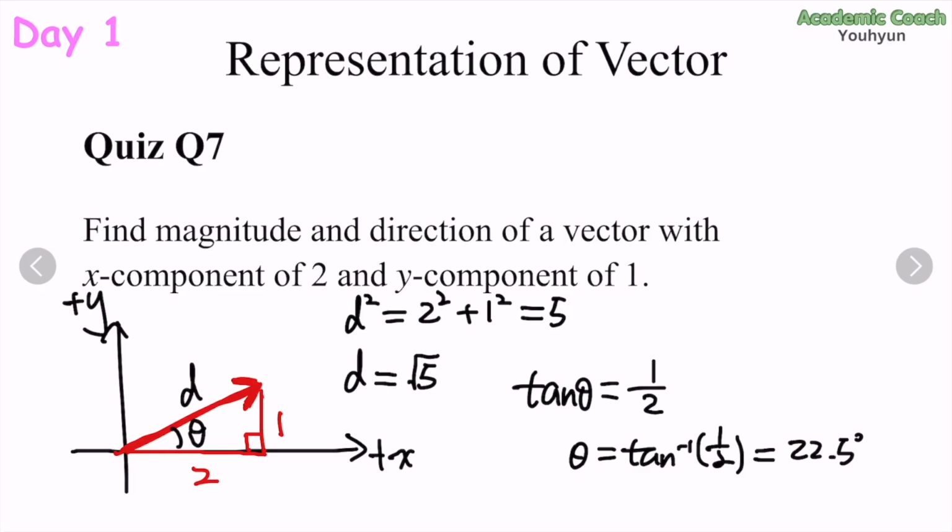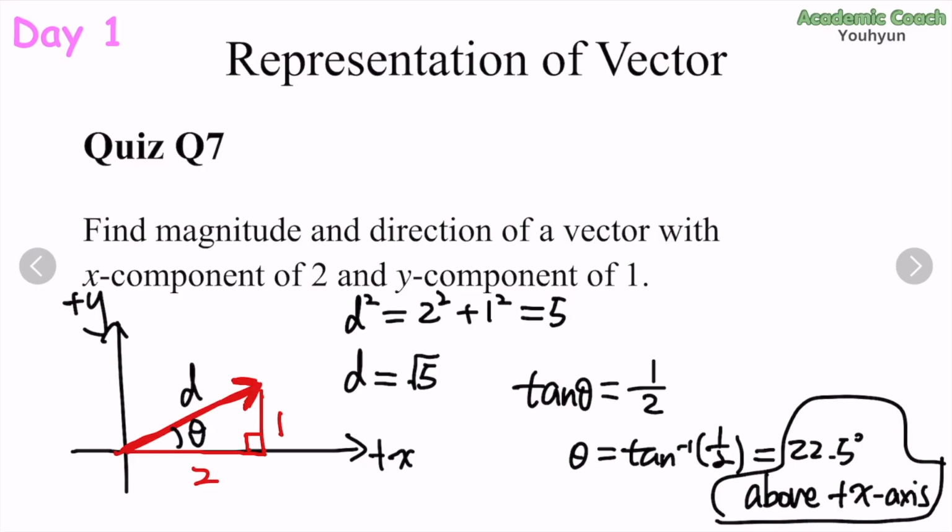But you can't just leave the answer as 22.5 degree. That does not really tell me a very specific direction. So I need to add more details. So in this case, it would be 22.5 degree above positive x axis. So this is the direction, and this is the magnitude.